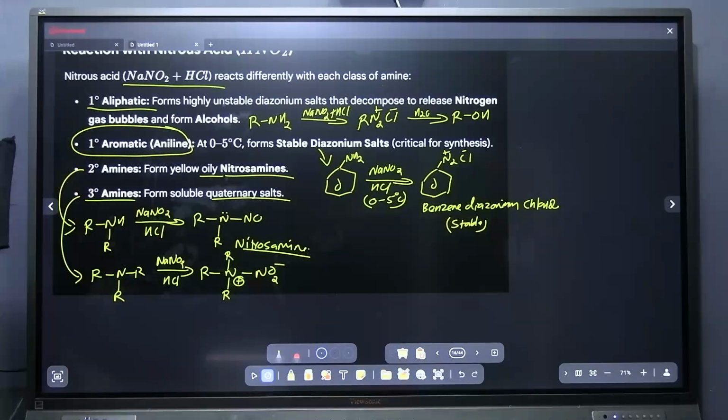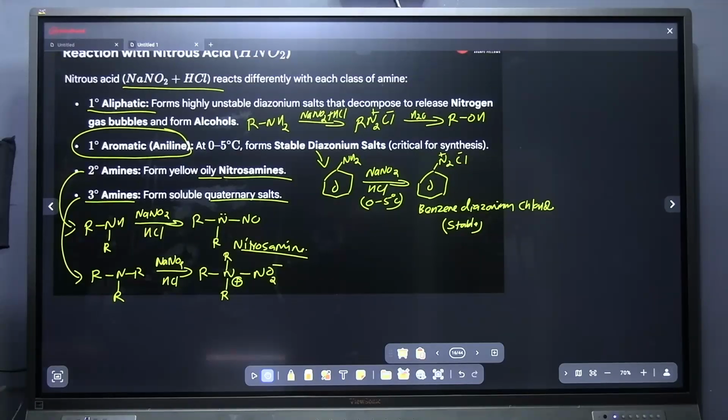This is the point you have noted down in the case of reaction with nitrous acid. This is how we can differentiate primary, secondary and tertiary amines. Are you clear, students? Done everyone? Shall we move?